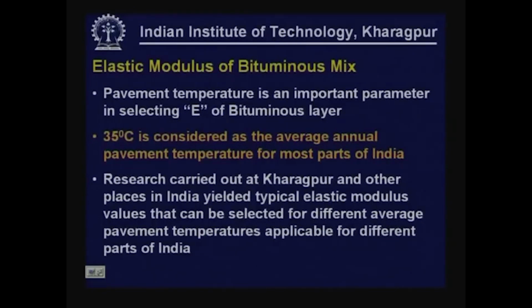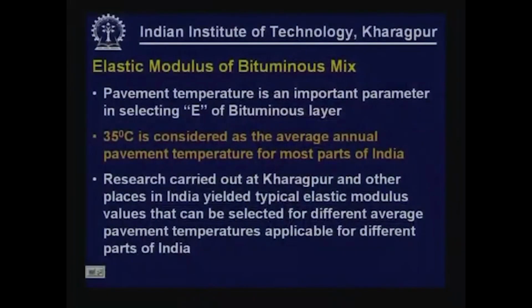So pavement temperature is an important parameter in selecting the modulus value of bituminous layers. 35 degrees centigrade is considered to be the average annual pavement temperature for most parts of India. We are talking about average pavement temperature, the temperature at which the mix is going to be for most part of its service life. So we are going to select a modulus value corresponding to 35 degrees pavement temperature.